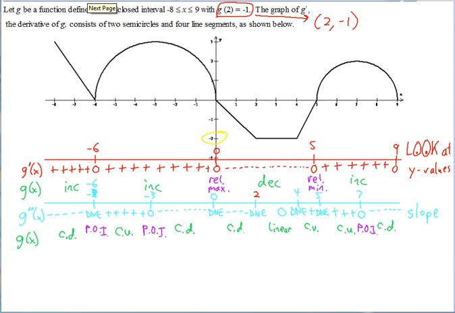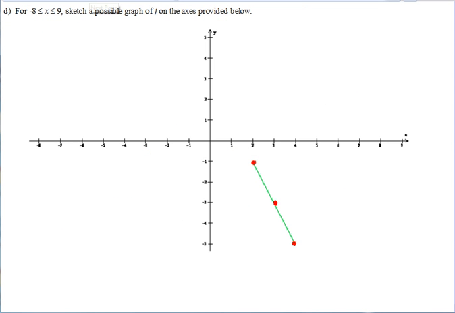So decreasing, concave up until we get to 5. Oops. Try to make that a little smoother there. So levels off at 5. Again, don't worry about the exact y value there.